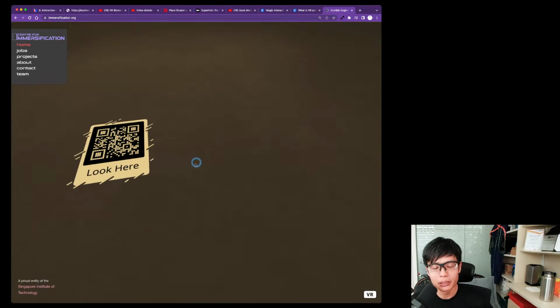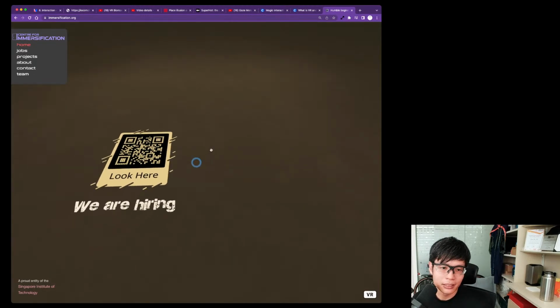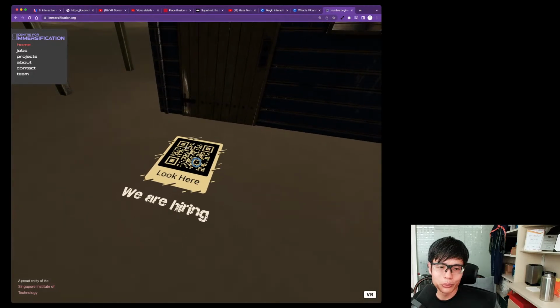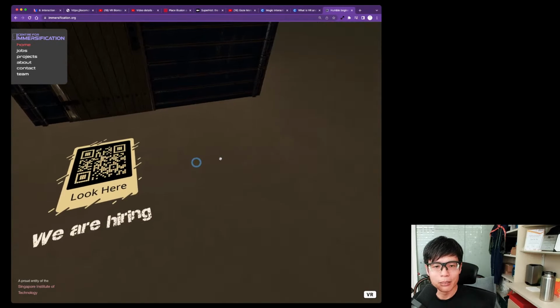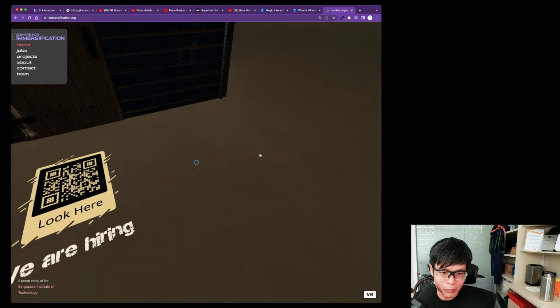So you can see the blue thing is where I'm gazing or looking at. And if I pause there long enough, you can see that it shrinks. This is just what we implemented as visual feedback. It may be the highlight becoming darker, or some of them have a time meter in the center, just to show how much more to go before it becomes a click.